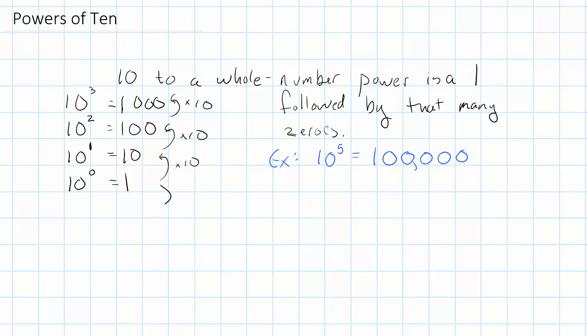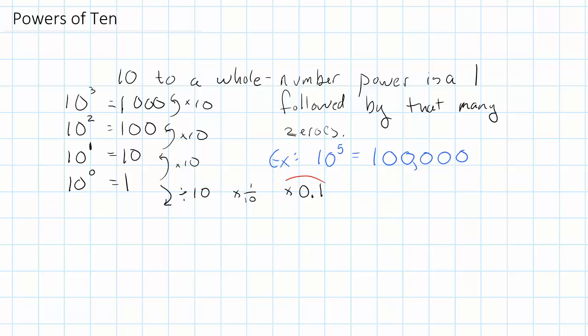We can just think divide by 10. Well, dividing by 10 is the same as multiplying by 1/10. But 1/10 is a decimal. This is the same as multiplying by 0.1.